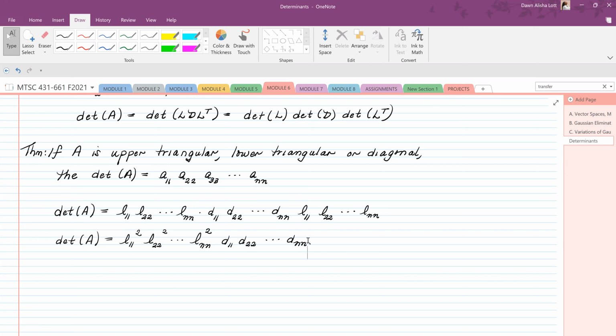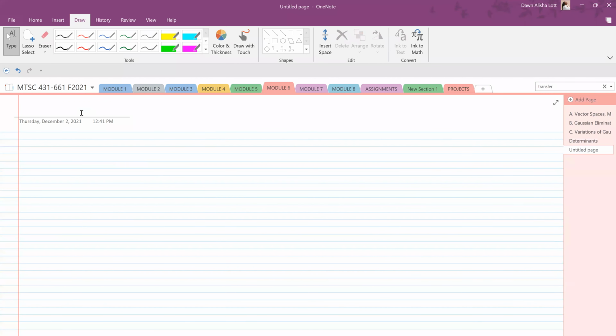Let's talk about matrix norms and condition numbers. So let's take a single vector in Rn.